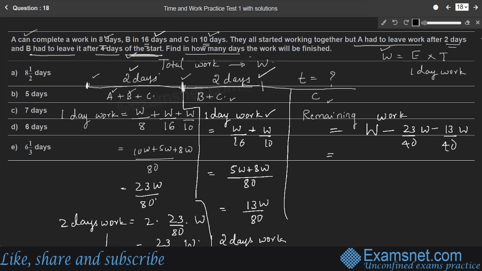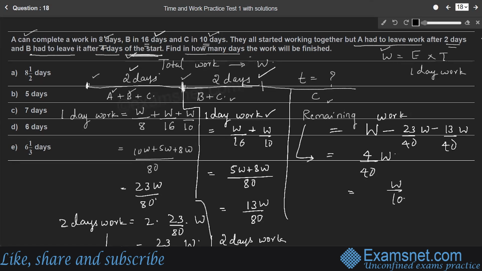Therefore we can say 40 minus 23 minus 13, which is 4. So 4 by 40th of the total work is the remaining work, or you can say W by 10. The remaining work is 1 by 10th of the total work.